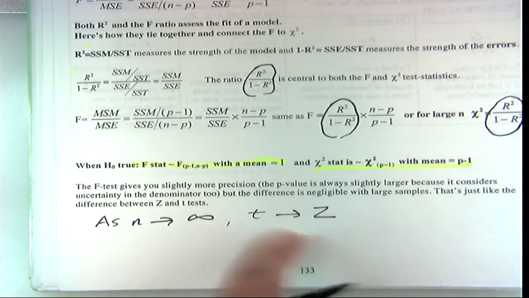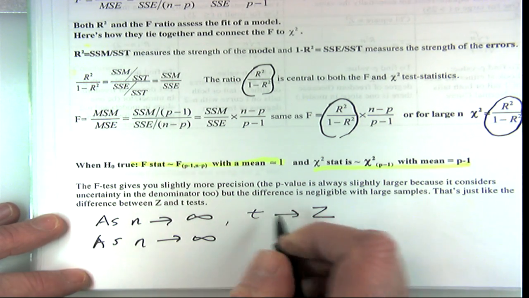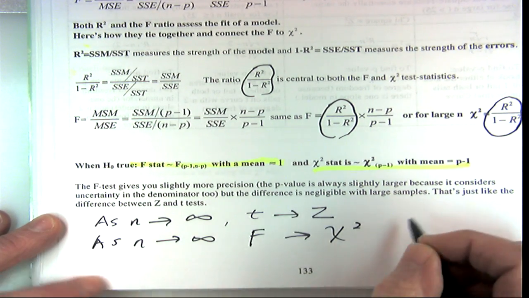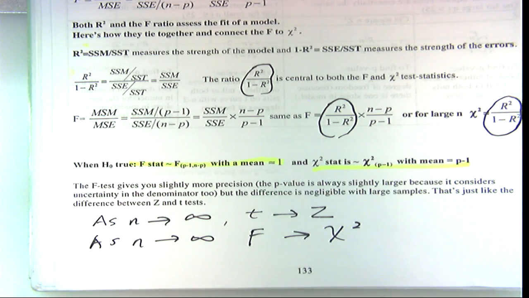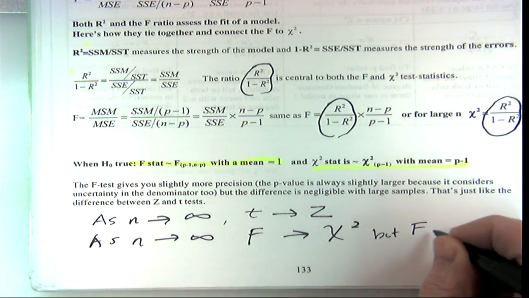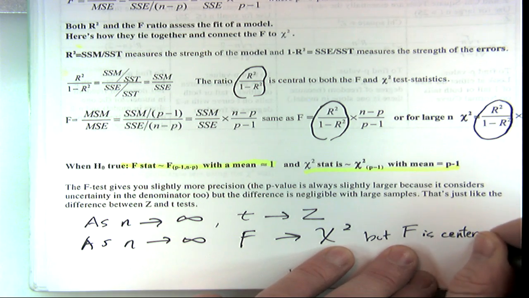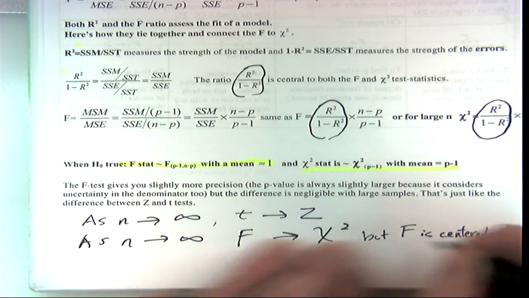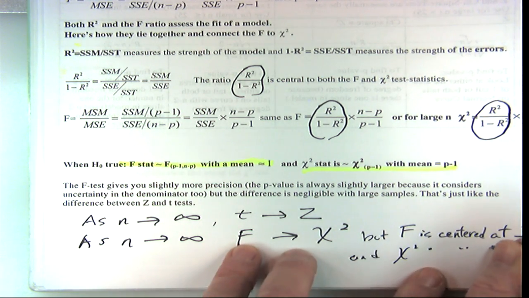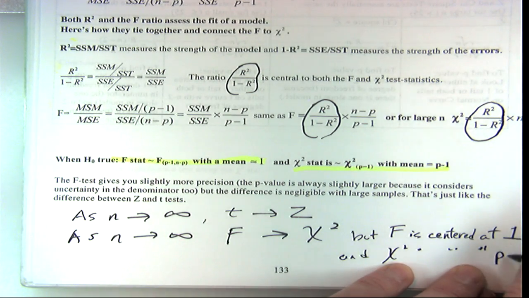The same thing applies as n goes to infinity: F looks like the chi-squared, just the same curve but shifted over. F is centered at 1, and chi-squared is centered at its degrees of freedom, which is p minus 1.